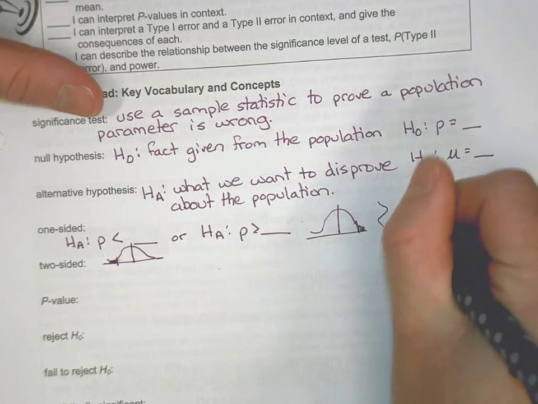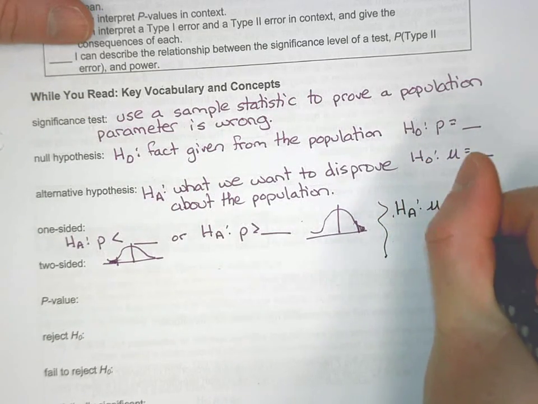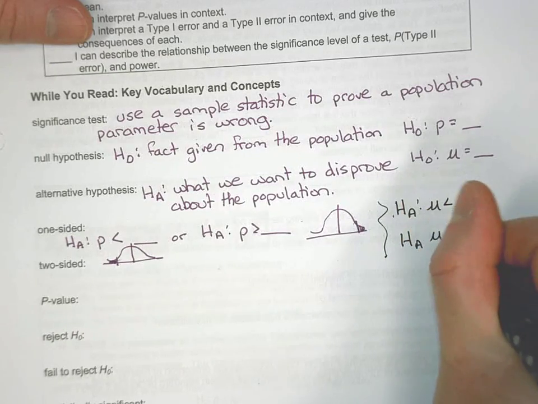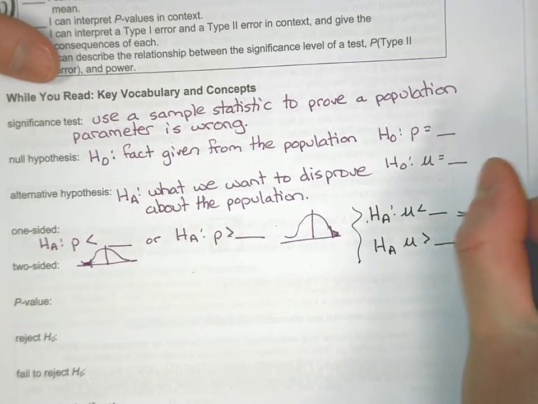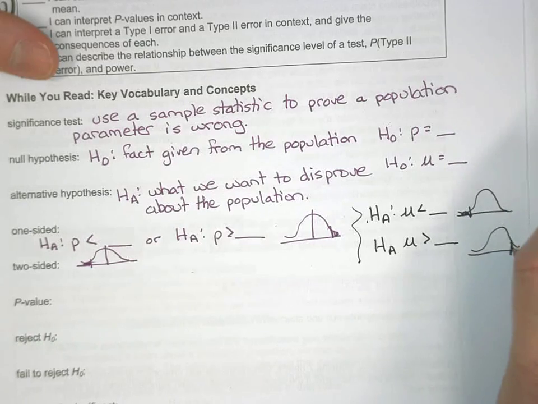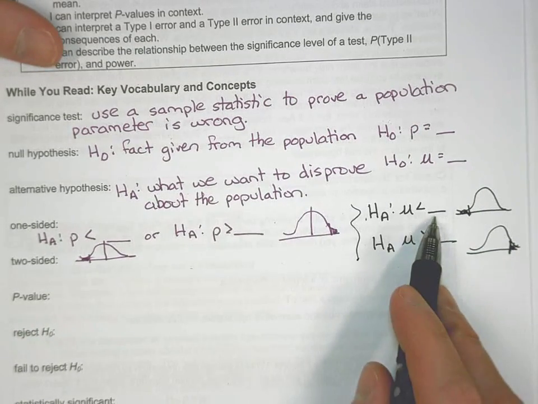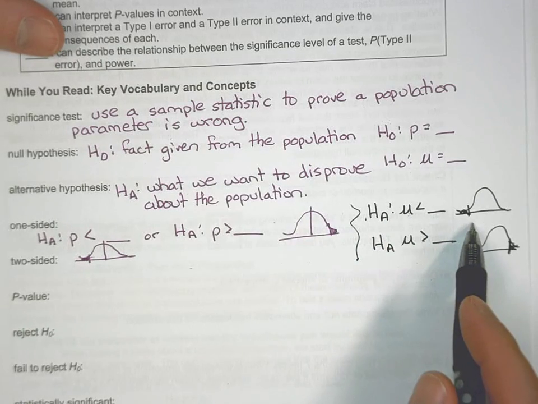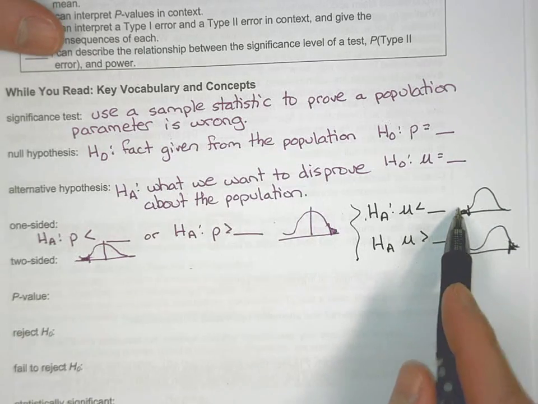You could have your HA being that mu is less than your number, or that mu is greater than your number. And we would still shade the same as proportions, below or above the mean. Once in a while you'll set it up as a less than, and your statistic is actually bigger than the population, so you get this really strange curve where you're shading more than half.